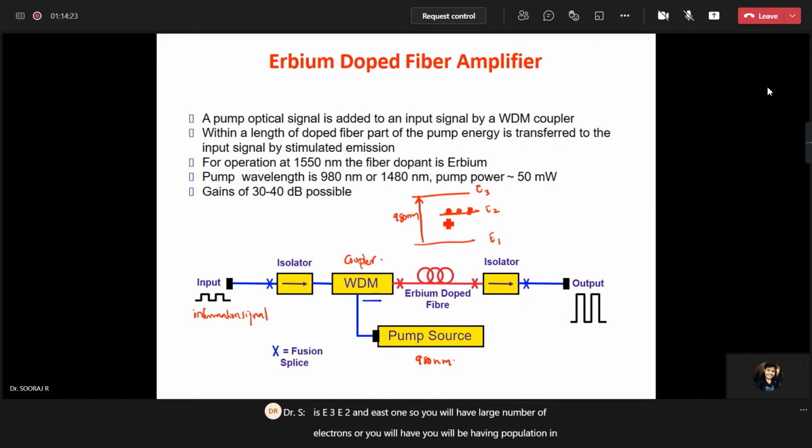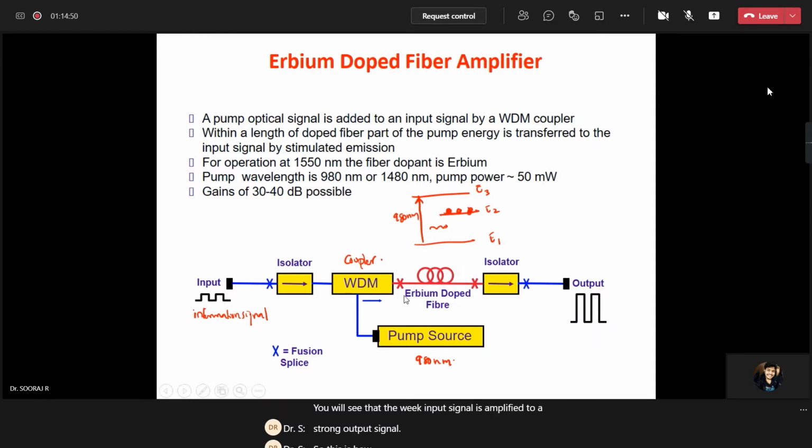When the weak information signal comes, it triggers these electrons to fall back, creating additional photons, and therefore the weak input signal is amplified to a strong output signal. This is how the erbium doped fiber amplifier works.